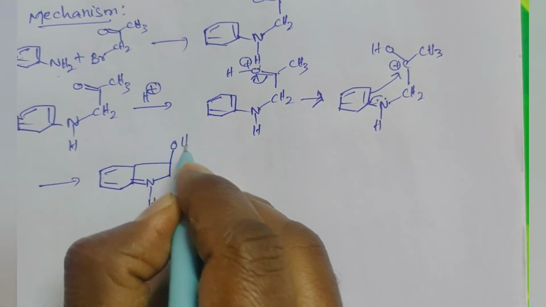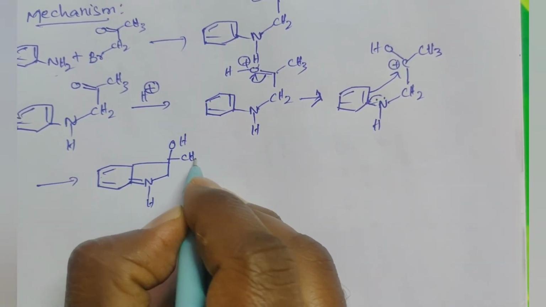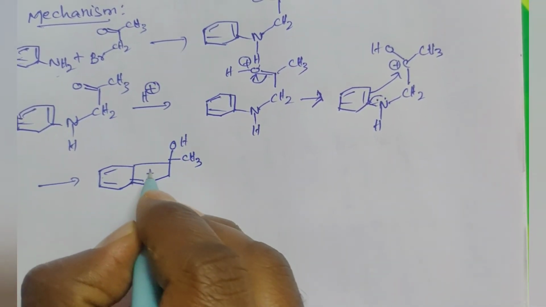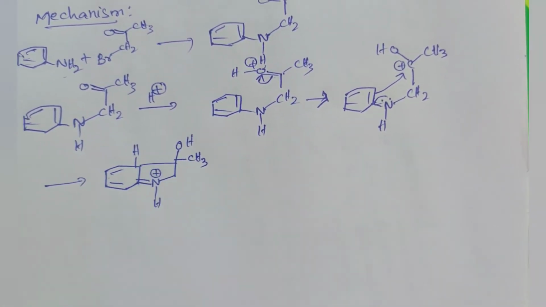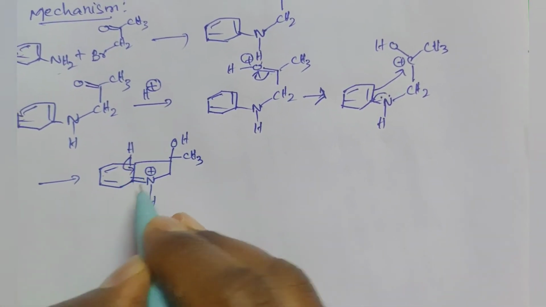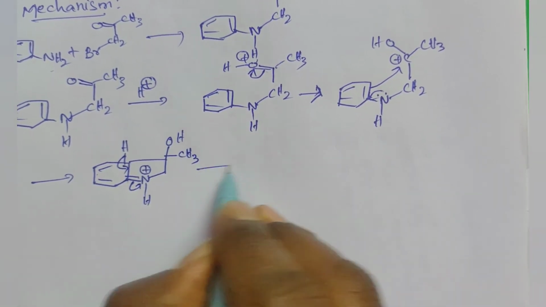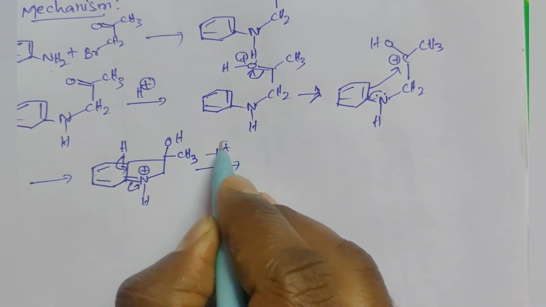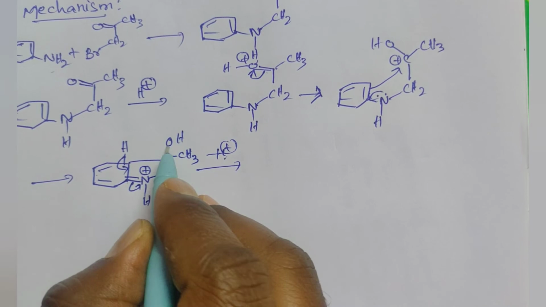Now here we have the hydroxy group as well as the methyl group, and we have the positive charge here and one hydrogen here. In the next moment, what happens? This bond breaks and this electron pair shifts here. As a result, the H plus ion goes outside. This H plus ion may attack here also.